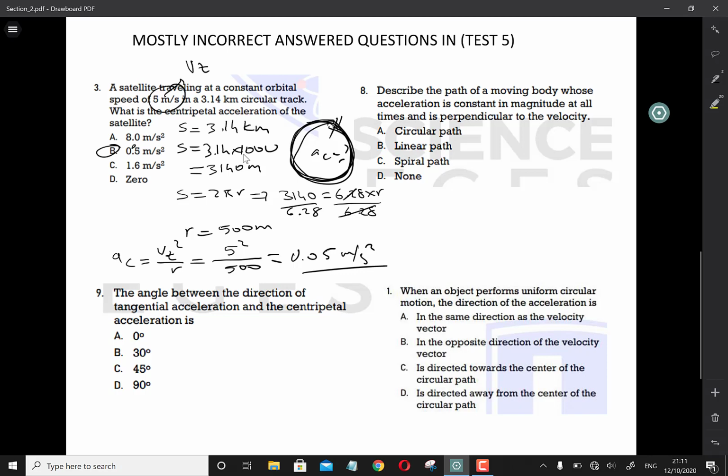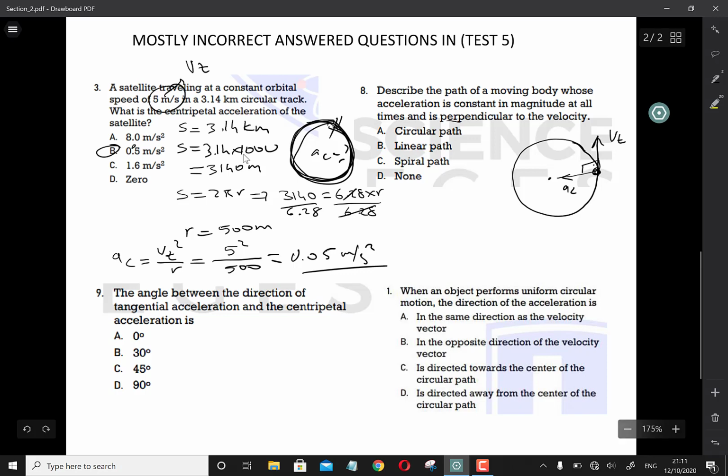Question number 8. Describe the path of a moving body whose acceleration is constant in magnitude at all times and is perpendicular to velocity. When an object is moving on a circular path, only this is possible, because its velocity is tangent to the circle, Vt, and centripetal acceleration is along the radius, so these two vectors are perpendicular to each other.